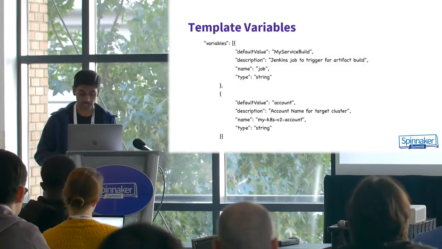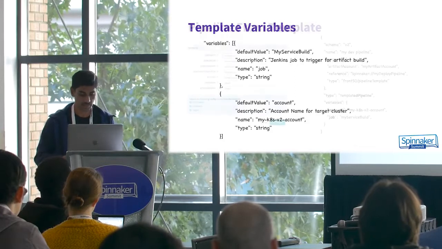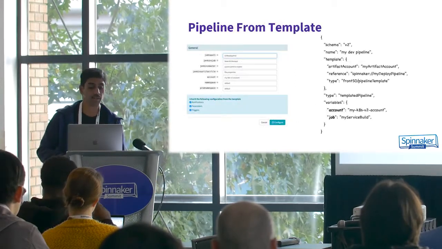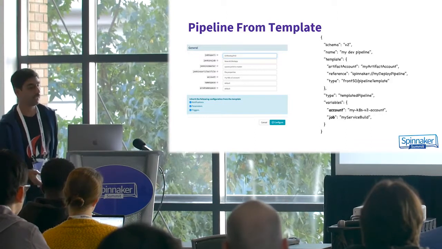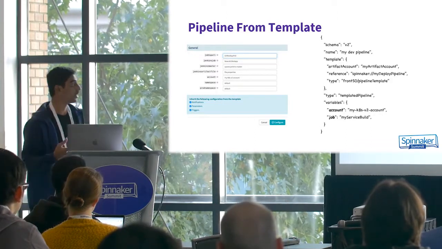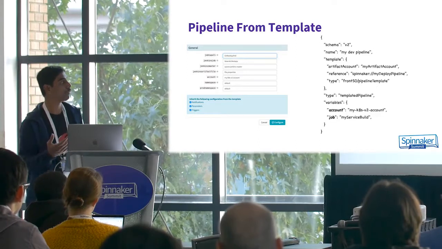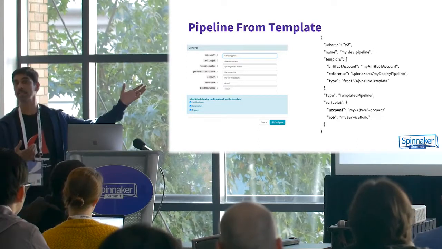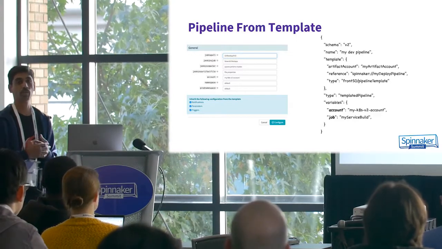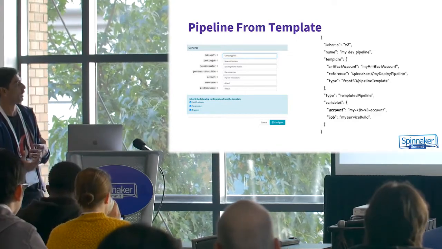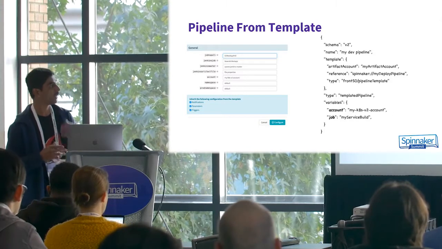So once the template is generated, you can create pipelines from the template. And typically the variables that you specify, if you're doing it from the UI, it would show something like a configuration form. It will give you all these variables where you can put in the values, and that becomes your pipeline definition from that point on.